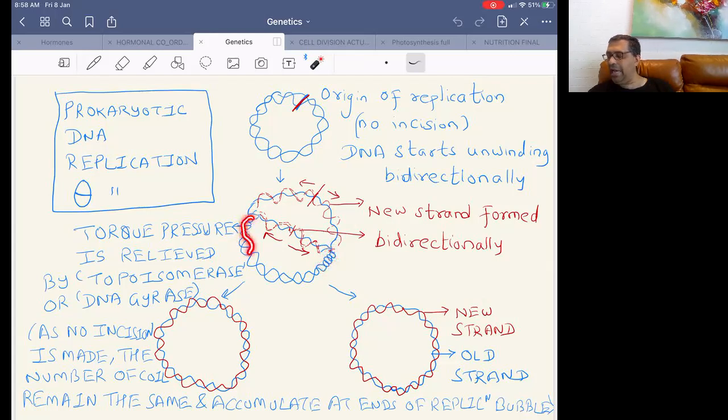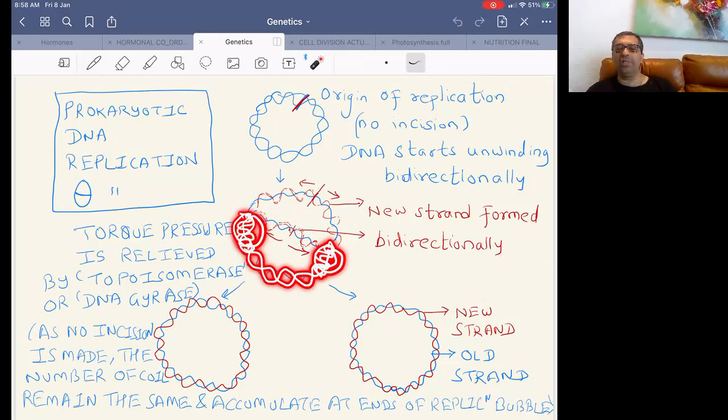So this will again look like this. तो ये वापस से ऐसे दिखेगा. तो ये पार्ट पहले कैसा दिख रहा था? Like this. It was torque pressure, lot of torque pressure. And once the torque pressure is relieved, it will look like this.